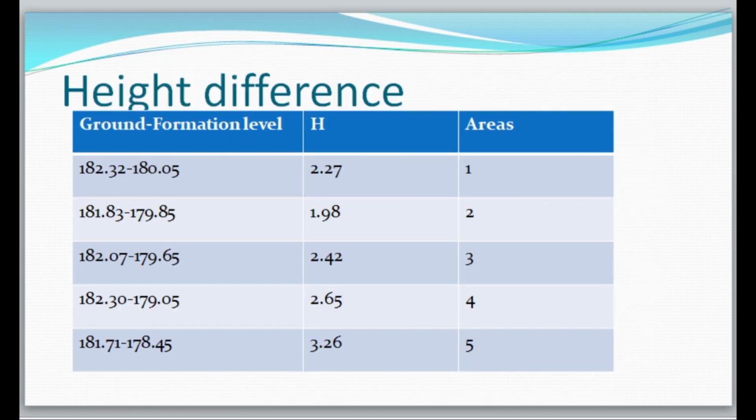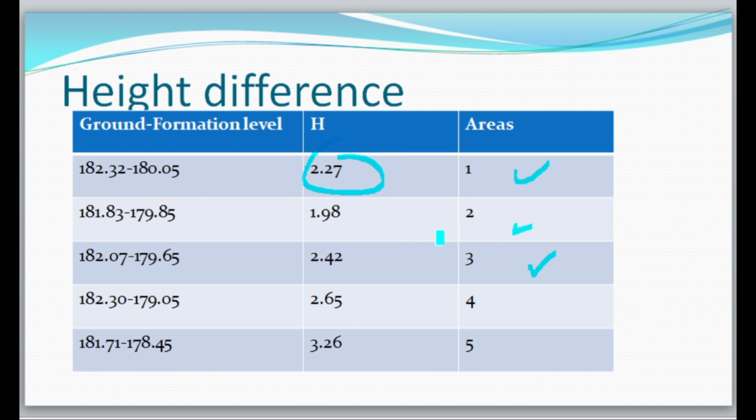Moving on ahead, I'll subtract the H, so the formational and the ground level. So I'll subtract the ground level with the formational level. I'll get all my H's for the various areas. So where we have the representation, the ground level minus the formational level, it will give me the H's for the separate areas that I'll be calculating.